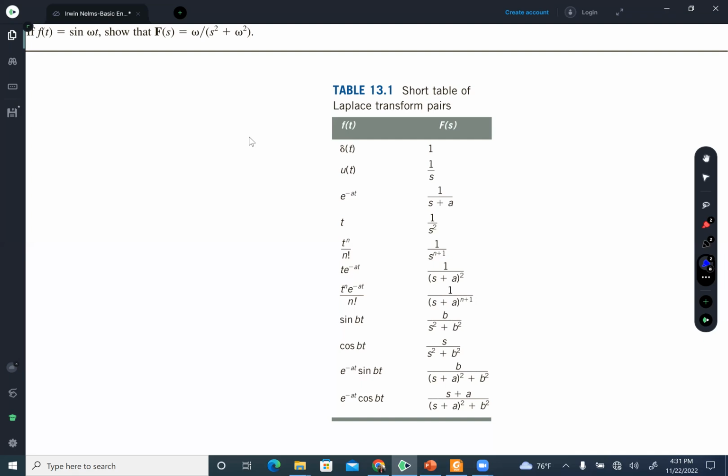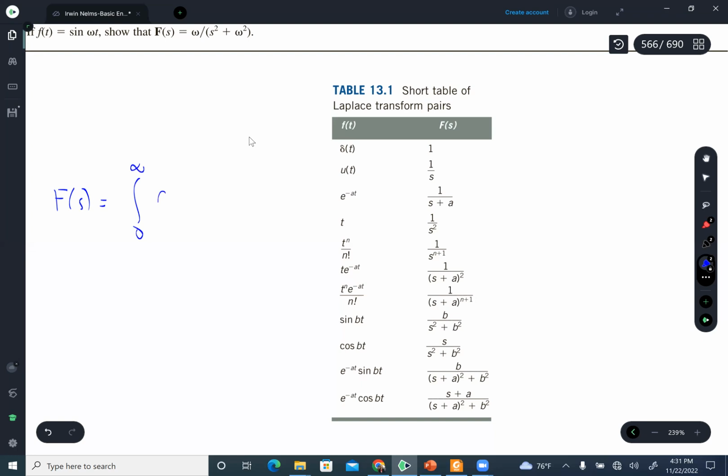But in order to do the math, you need to understand what a Laplace transform is. It's an integral, right? It's not written here, but we discussed this. So capital F of S equals the integral from 0 to infinity of f of t e to the minus st dt.